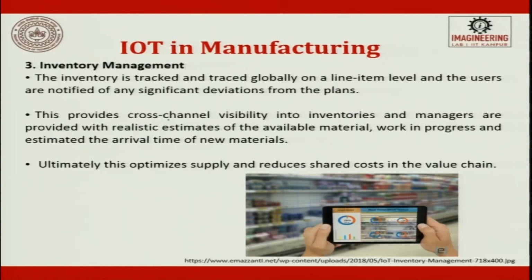This provides cross-channel visibility into inventories, and managers are provided with realistic estimates of the available material, work in progress, and the estimated arrival time of new materials. Ultimately, this optimizes supply and reduces cost in the value chain.